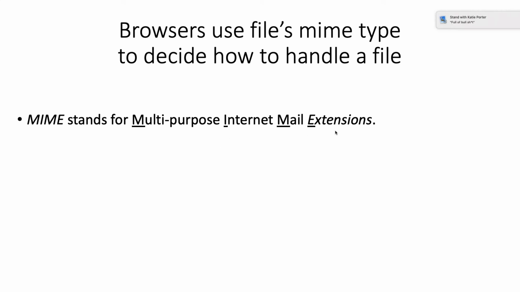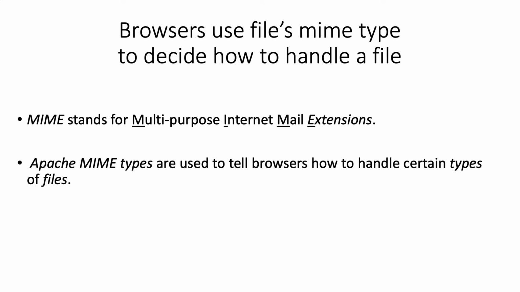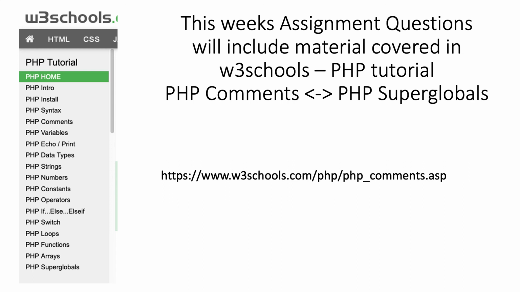So all this technology was really developed first for email, which was really one of the very first big uses of the internet, and is just carried over to the browser. So Apache MIME types are used to tell the browser how to handle the types of the files it's going to send back to it. And that's basically the intro.